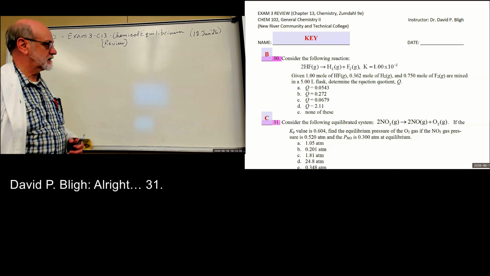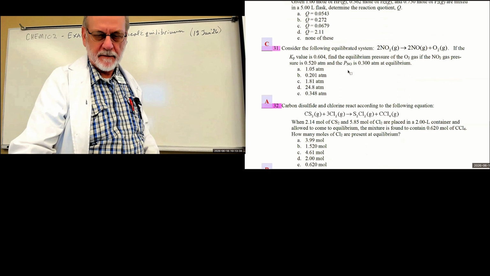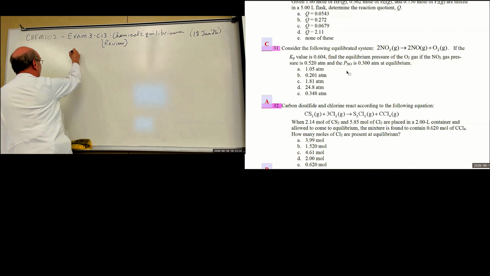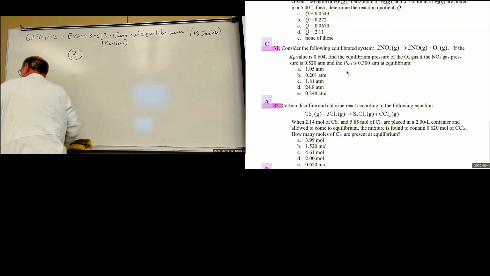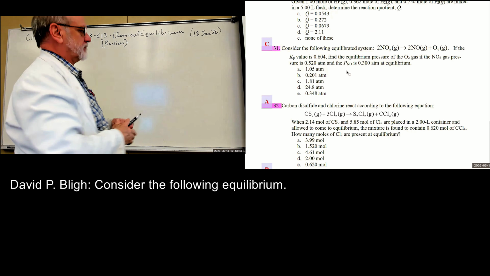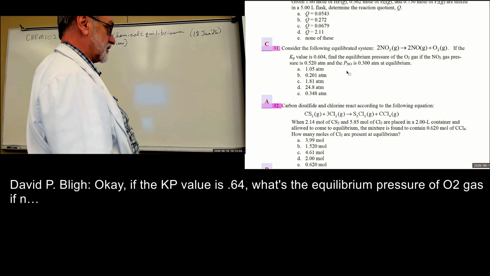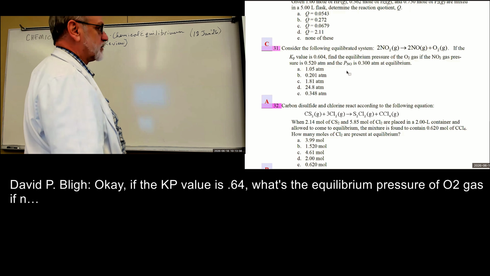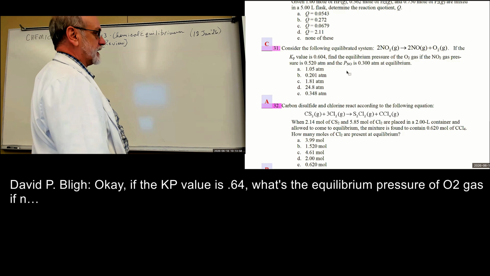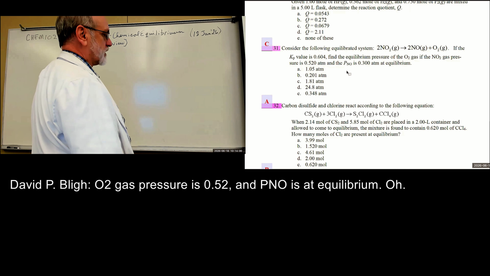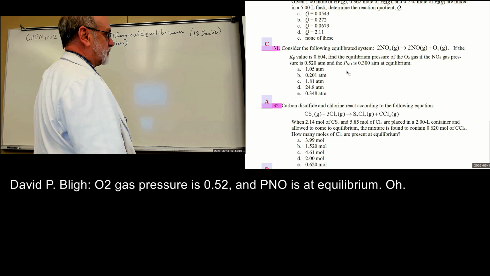All right. 31. Consider the following equilibrium. If the Kp value is 0.604, what's the equilibrium pressure of O2 gas if NO2 gas pressure is 0.520 and PNO is 0.3 at equilibrium?